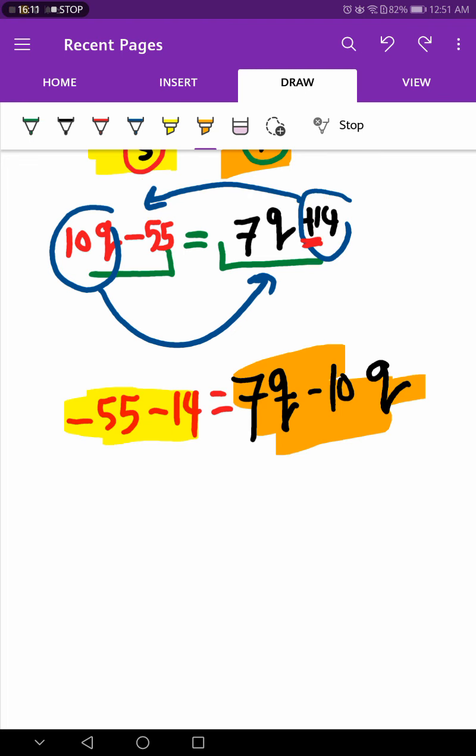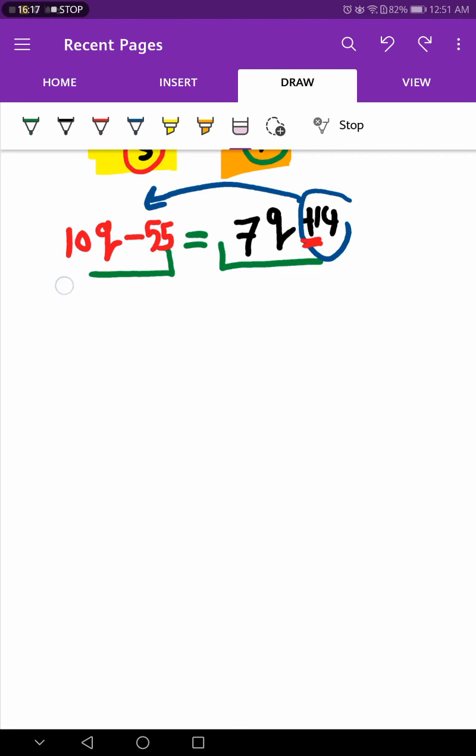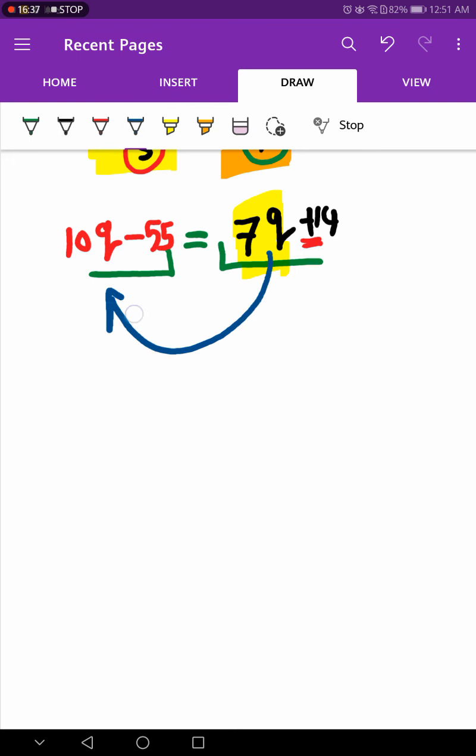I will move the 10Q, sorry, I moved it before. I will move the 7Q from left side to the right side. Okay? From left side to the right side.